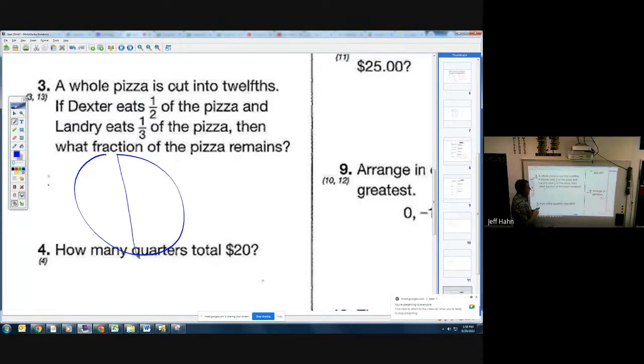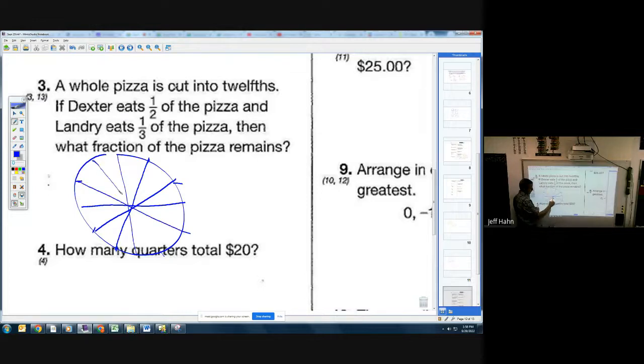If I cut a half into 12s, I cut my fourths into thirds, and I cut each one of these into thirds. That would be 12, won't it? 6 on each side. So here, this will probably help you out.